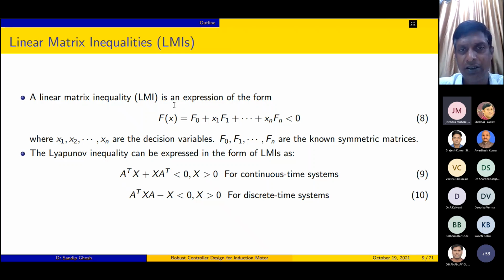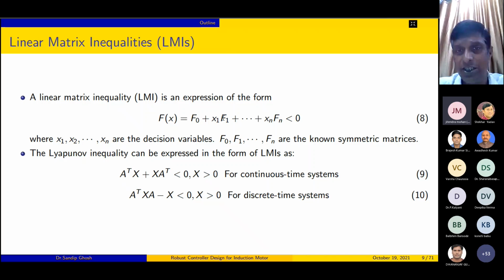A linear matrix inequality is an expression of this form. In this, F(x), the left hand side, is equal to F0 plus x1 F1 plus up to xn Fn, and this is less than 0. Less than 0 means the left hand side is a negative definite matrix. Negative definite in the sense, obviously it should satisfy symmetry and all this.